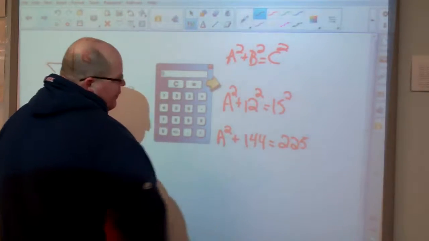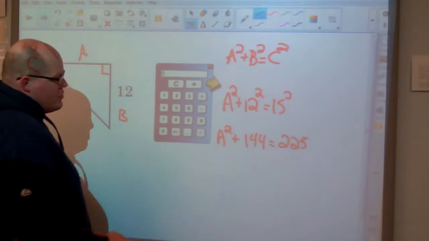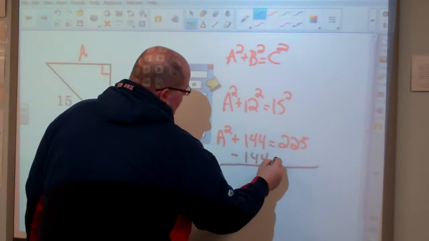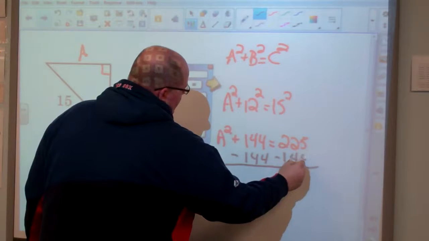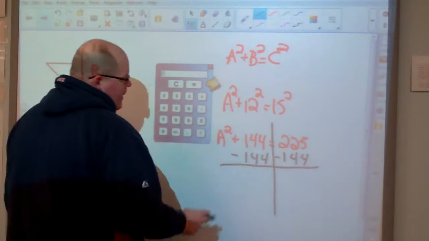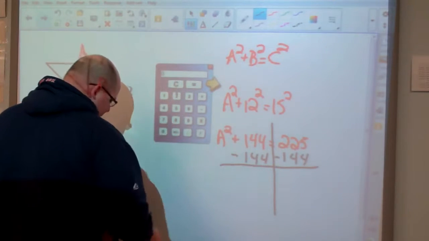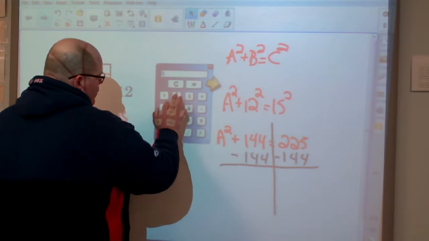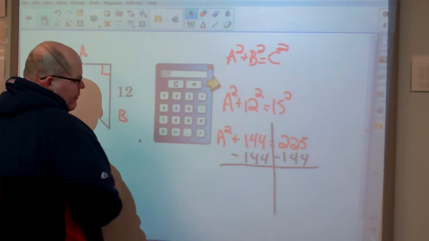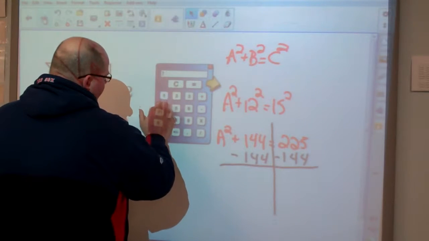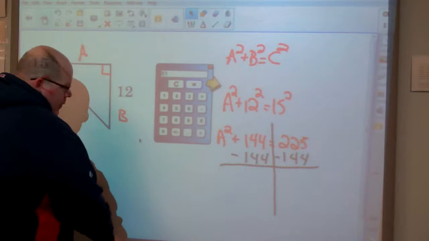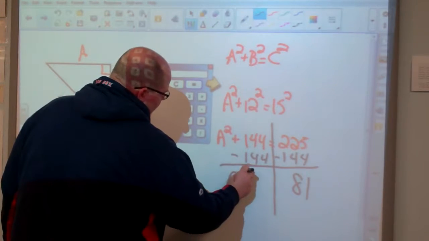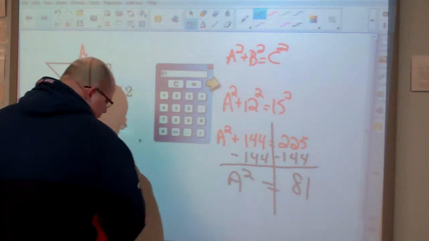We have plus 144, so the opposite of that is subtracting 144. 225 minus 144 equals 81. So a squared equals 81.